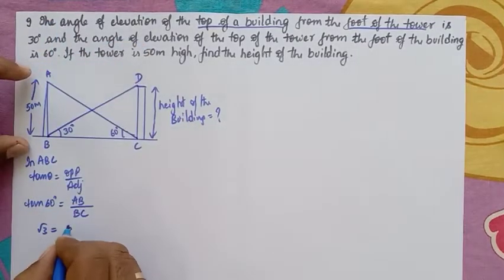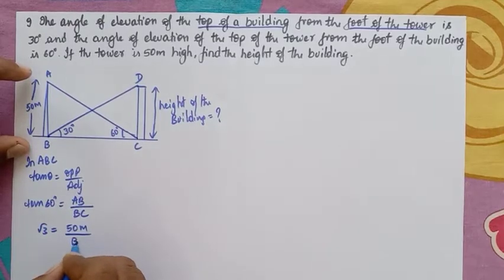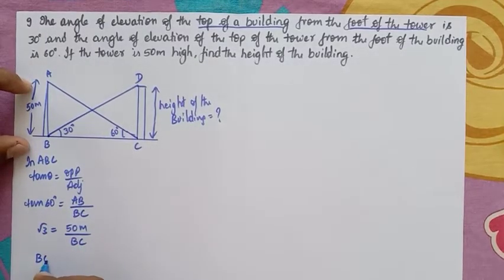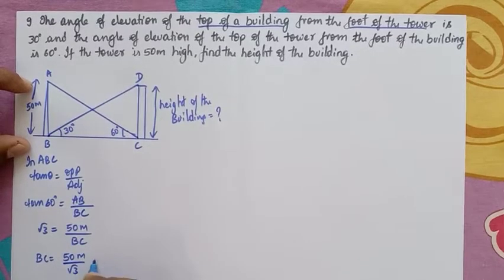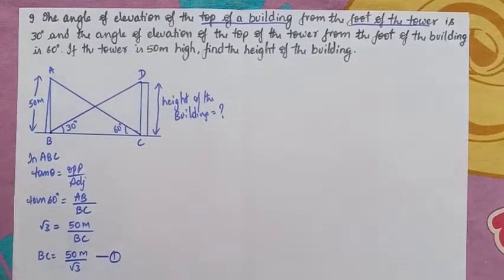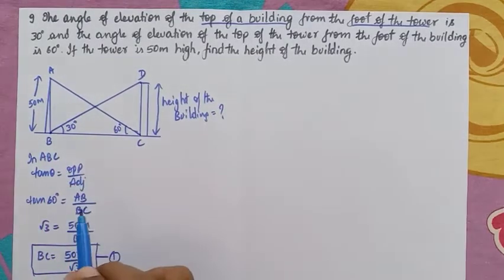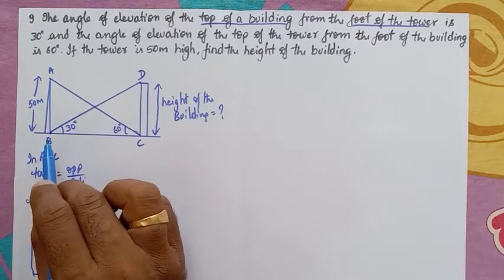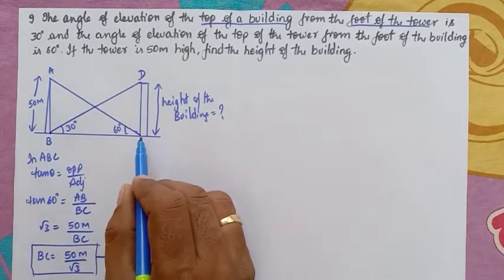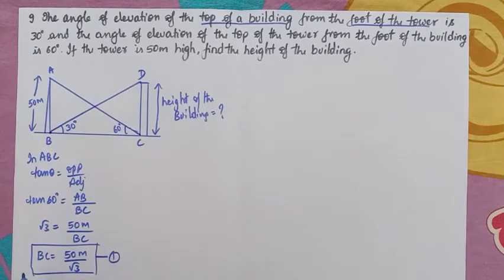AB is equal to 50 meter by BC. Upon cross multiplication, BC is equal to 50 meter by root 3. Let me take this as 1. So we got the length of BC, the distance between the foot of the tower and the foot of the building.